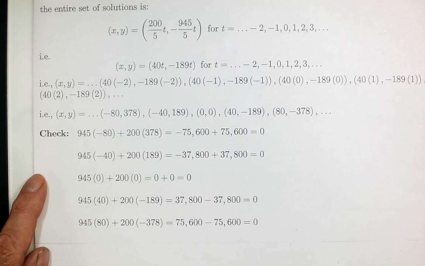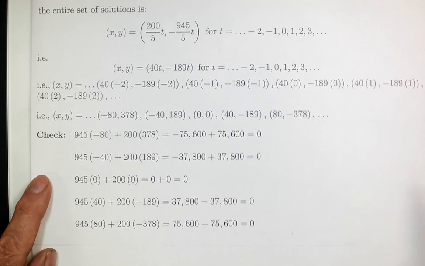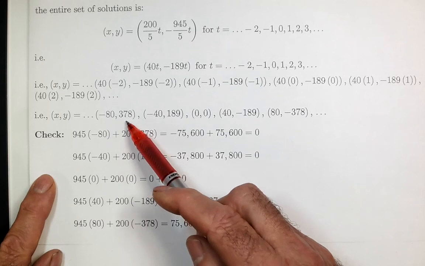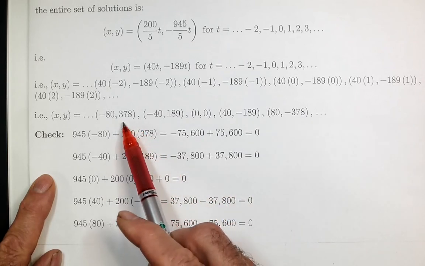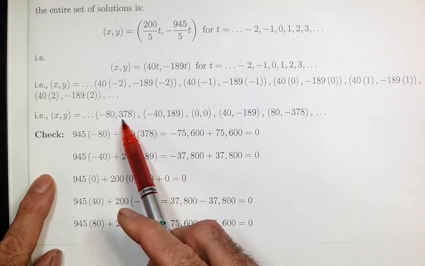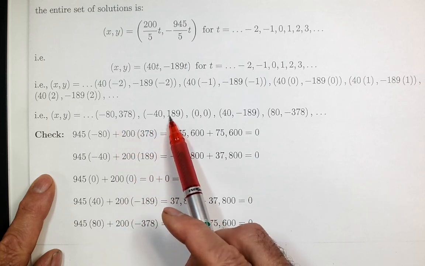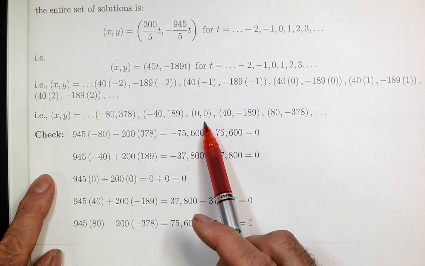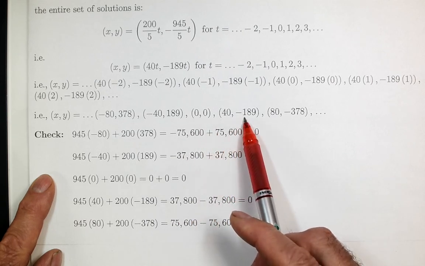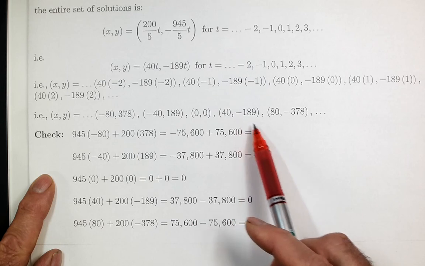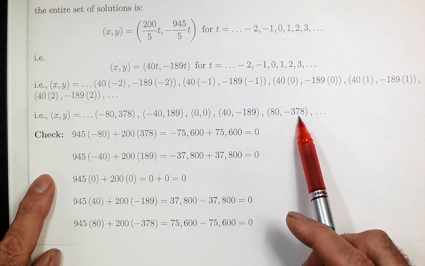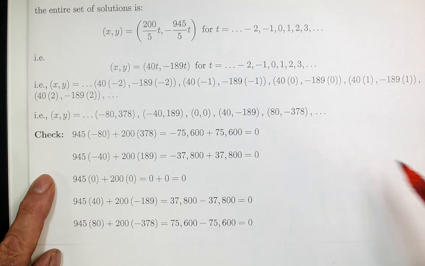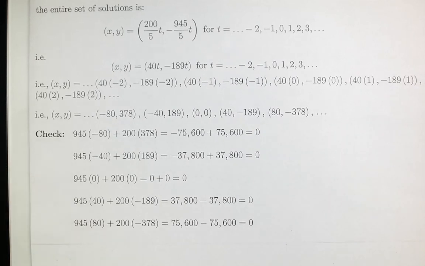If we grind these out, these are some of the complementary solutions. This is a complementary solution when t is negative 2, when t is negative 1, when t is 0, when t is 1, when t is 2, and so on and so forth. And let's just plug these things in.